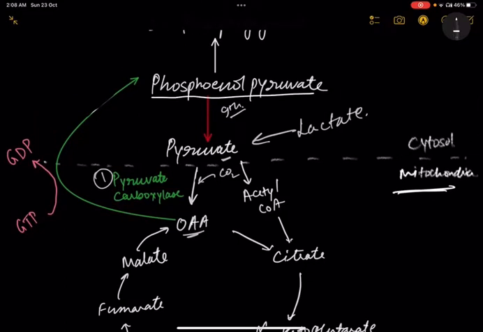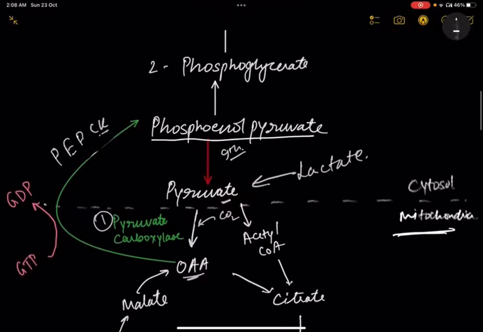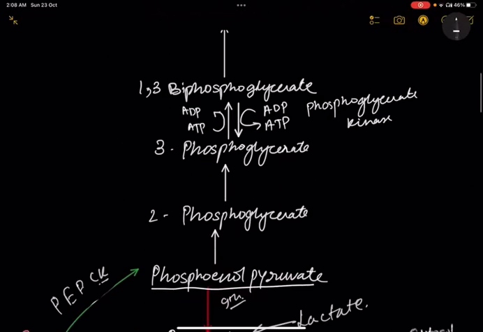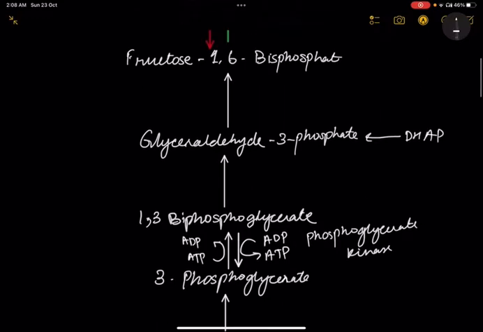Then oxaloacetic acid will be converted into phosphoenolpyruvate through PEPCK, which means phosphoenolpyruvate carboxykinase. And 1 GTP will be converted into 1 GDP. Okay. Then the reversible steps will occur through the same enzymes of glycolysis.